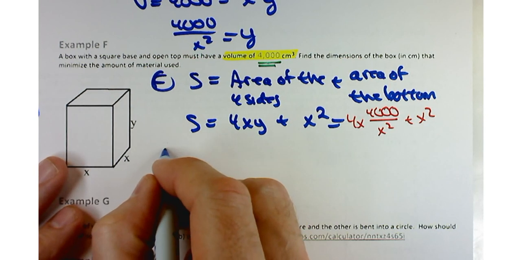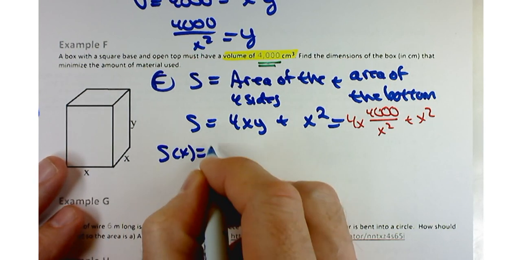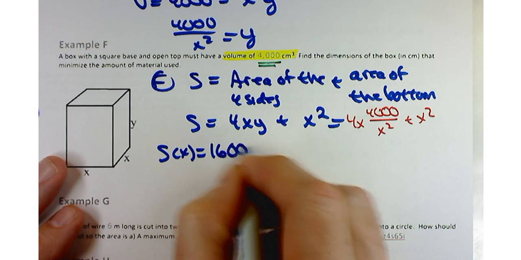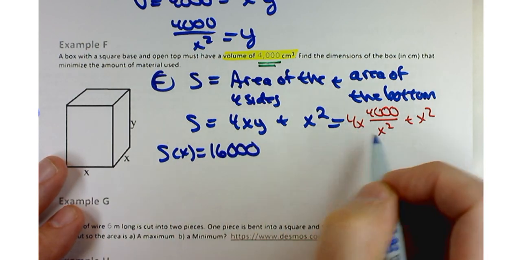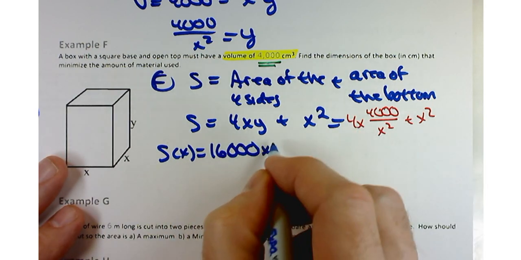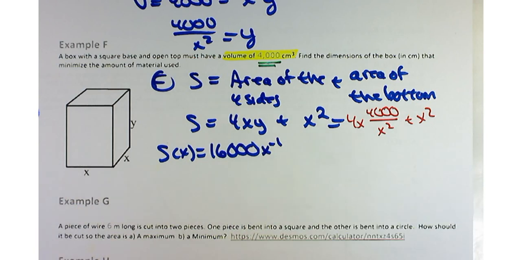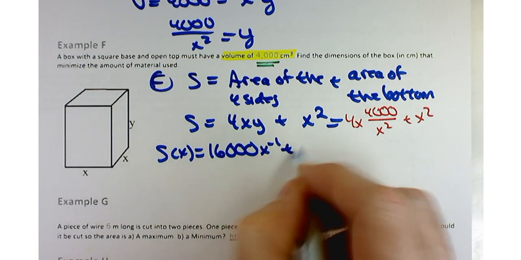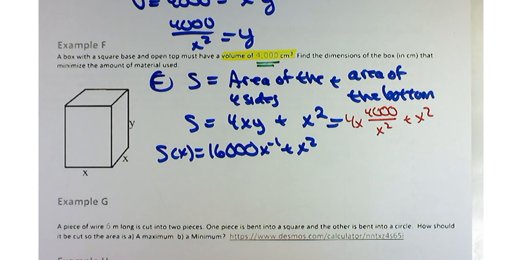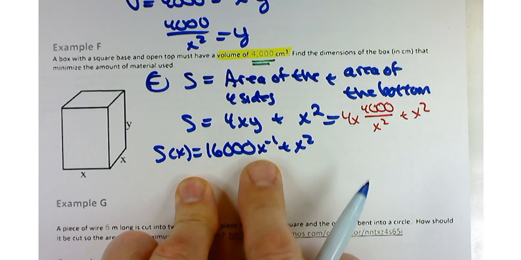So S of x equals 16,000. That x in the denominator I'm going to bring up as x to the negative first plus x squared.